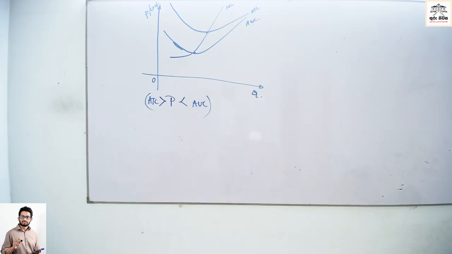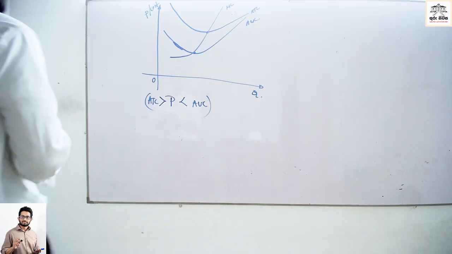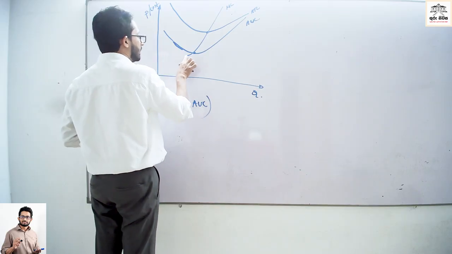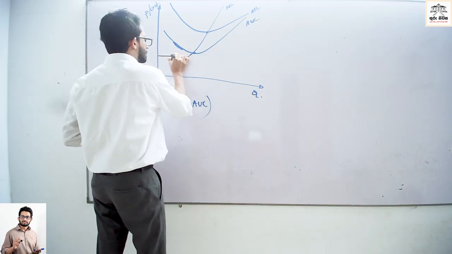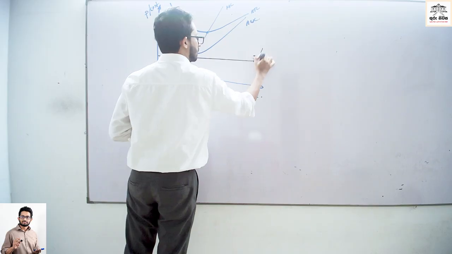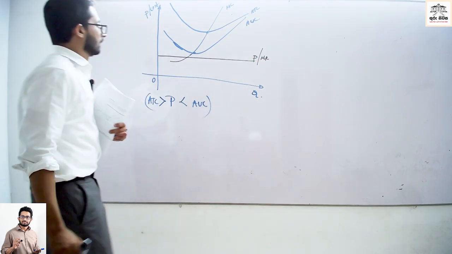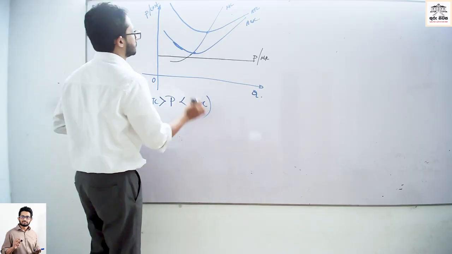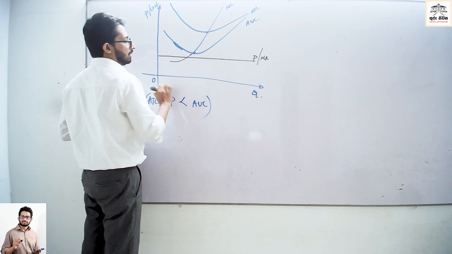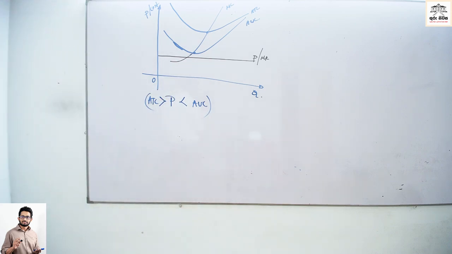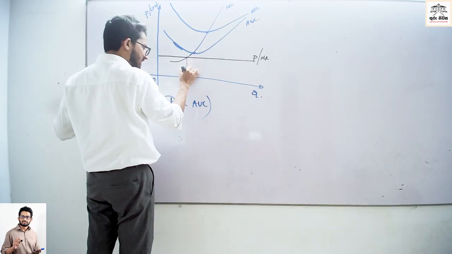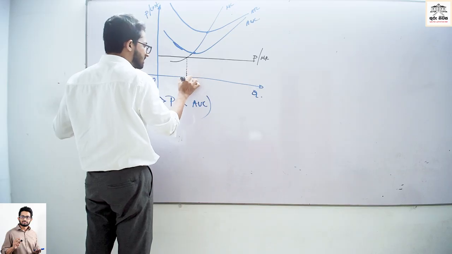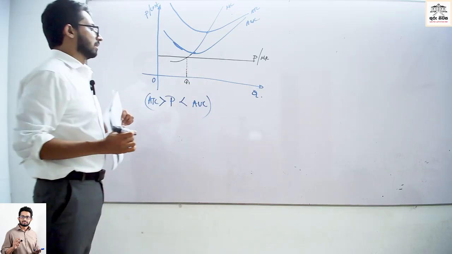Right here, price is less than average variable cost. This is the price of the product, MR. Here MC, this is MR, this is the output level, though here it is actually not profit maximizing.